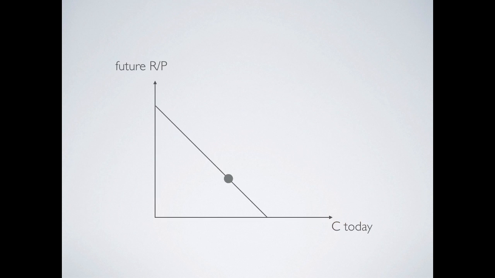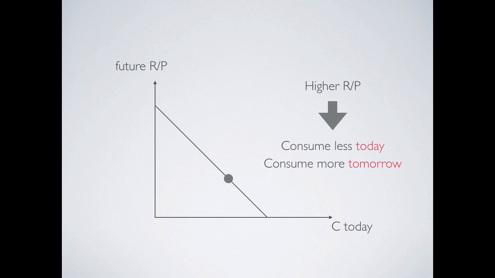So what we will see in this figure, if we plot the future real rental price on the vertical axis and the consumption basket today on the horizontal axis, is that a higher real rental price would make you want to consume less today and consume more tomorrow. In other words, your consumption choice point would move from the bottom right to the upper left.